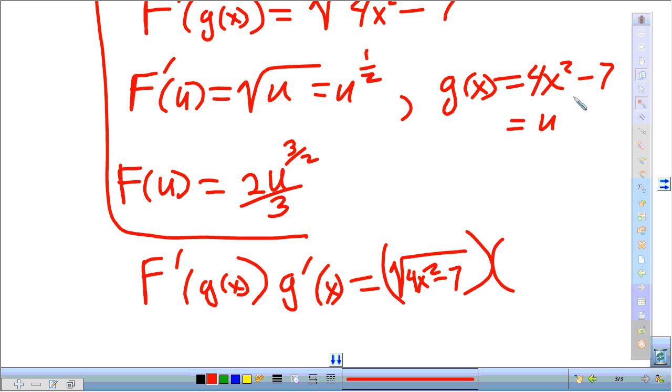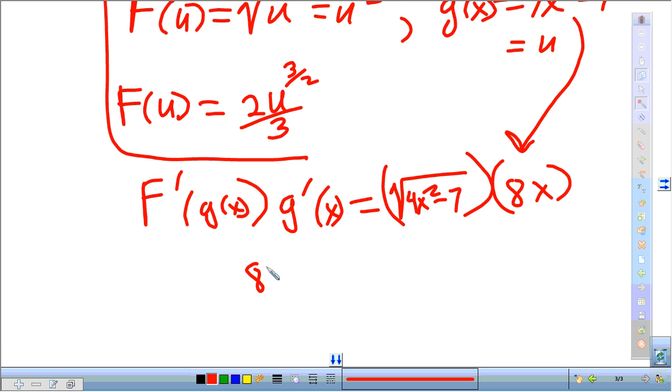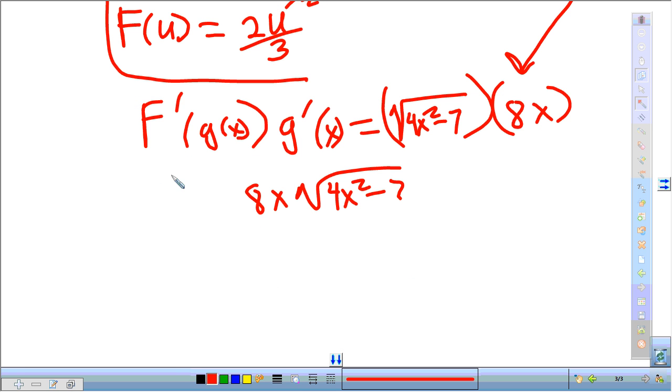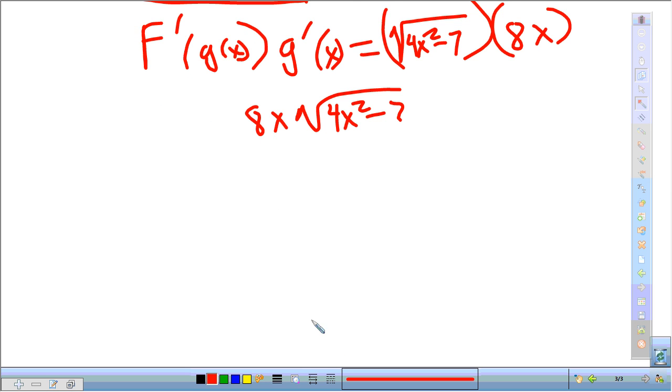G prime is 8x. So this setup that I'm looking for, f prime of g of x and g prime of x, is 8x square root 4x squared minus 7.